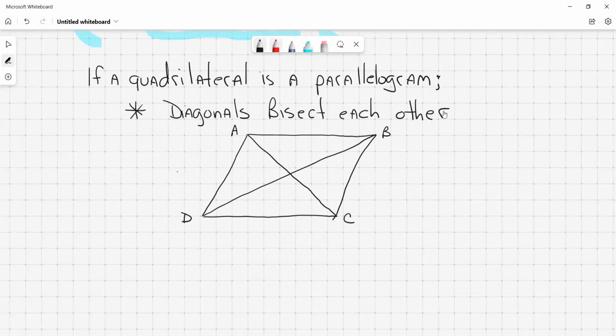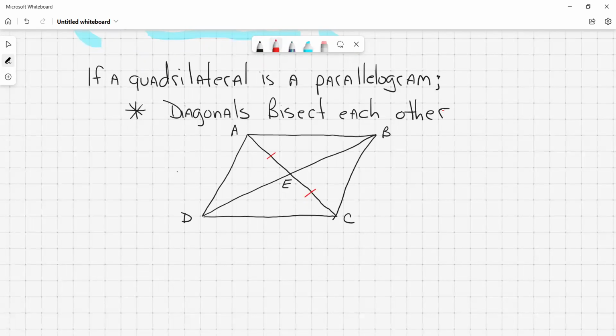And if the diagonals bisect each other, then this top portion of AC is congruent to the bottom portion of AC. So I can add a vertex right here in the middle. We'll call this E. So A to E is going to be equal to E to C. Now both diagonals bisect each other.